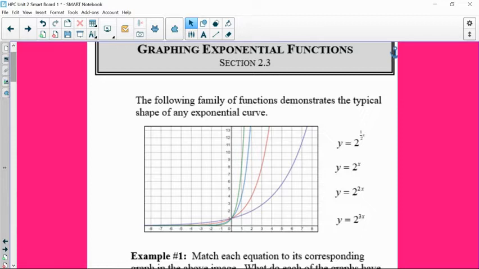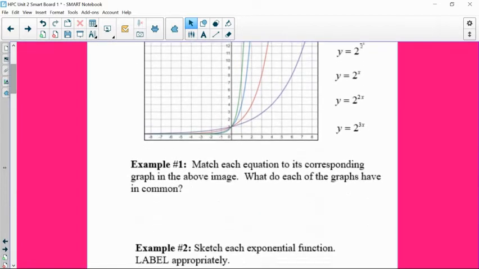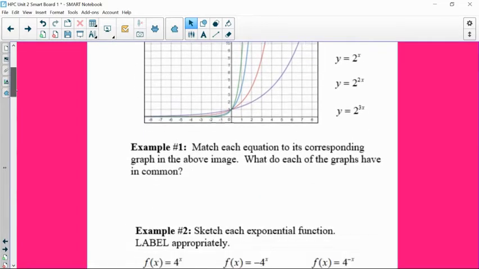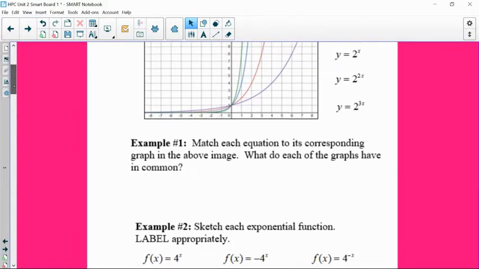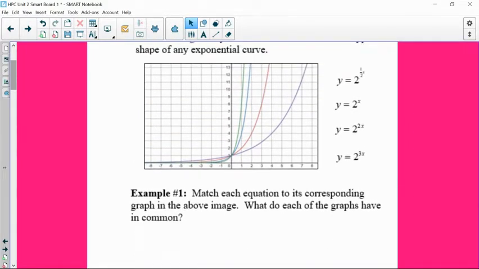I've got three exponential graphs here on this one set of axes. And there's a couple of things that I want you to be aware of. It says in the first example, what do they all have in common? I'm hoping you see right away that all of them go through the exact same point, the same y-intercept of (0, 1).